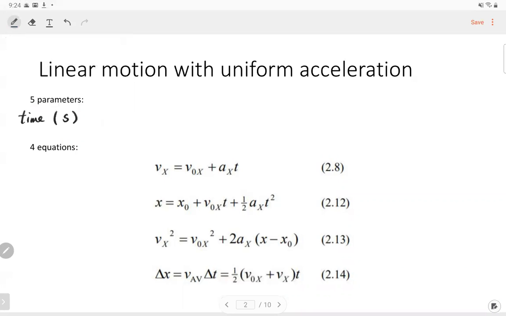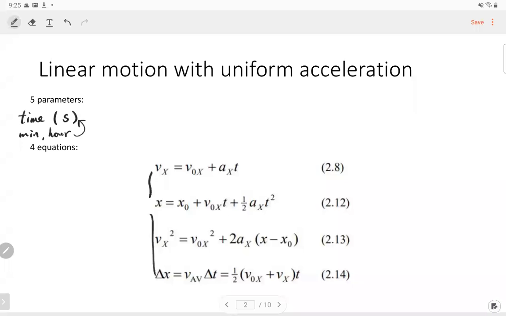Sometimes you will find a minute or hour when the description talks about the time. But when we see the minute or the hour, we have to convert into the second, because the second is the standard unit. And all the equations, at least here, are based on the standard unit.